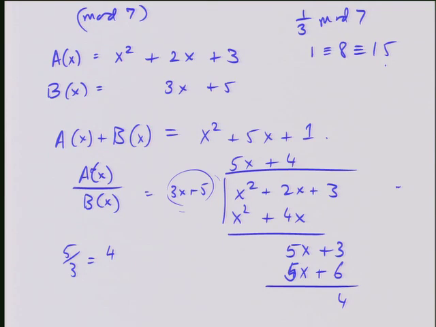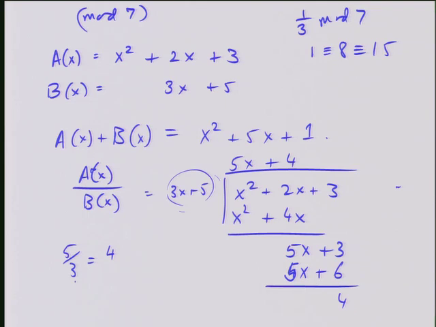Yes? So when you do A of x over B of x mod 7, would the answer just be 4? What's A of x divided by B of x? Remember when you divide polynomials, you usually get a quotient and a remainder.